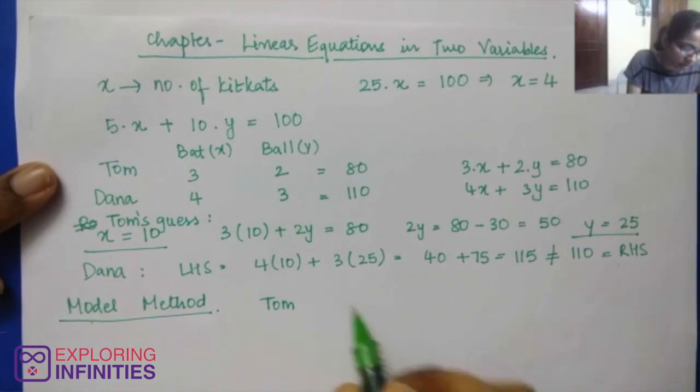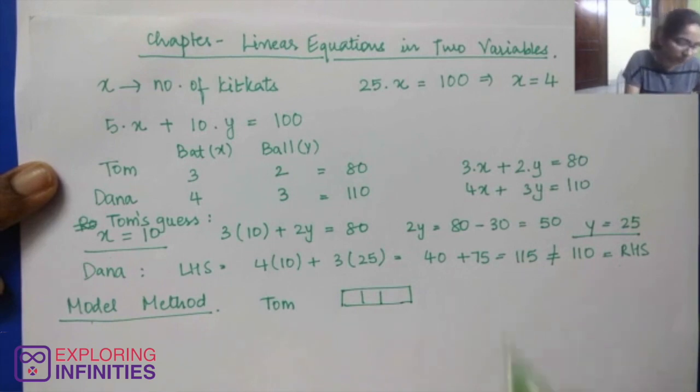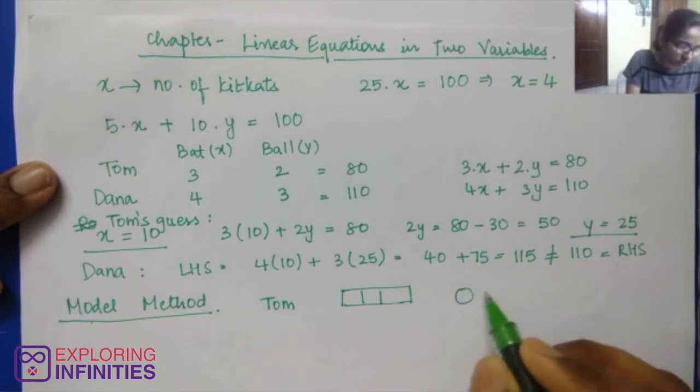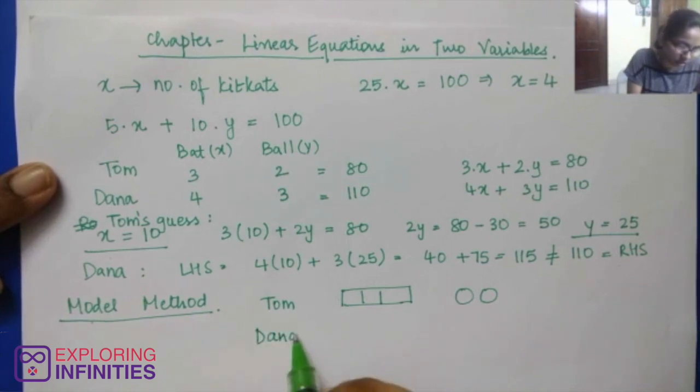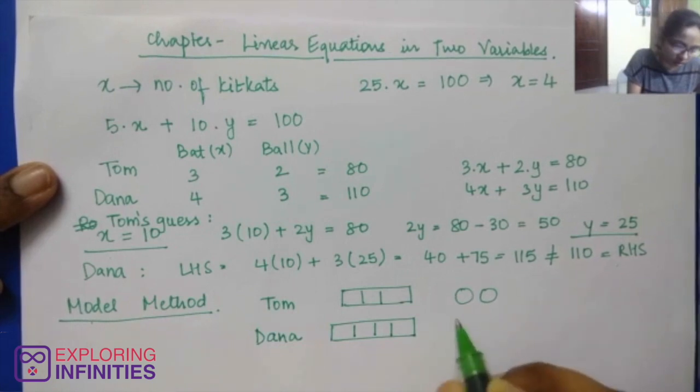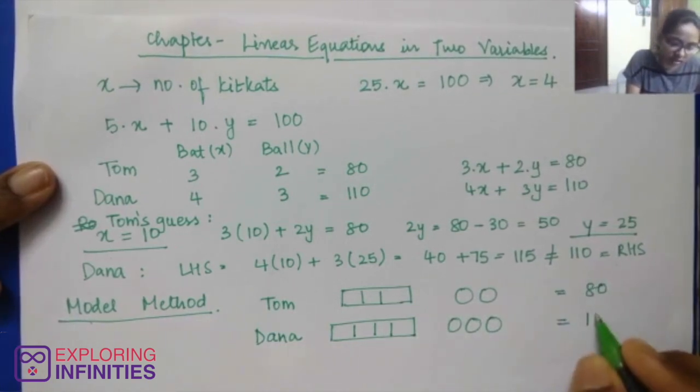It will be somewhat like this: 3 boxes and 2 circles. And if I represent Dana's equation, it will be like this with 3 balls. So this is costing 80 rupees and this is costing 110.